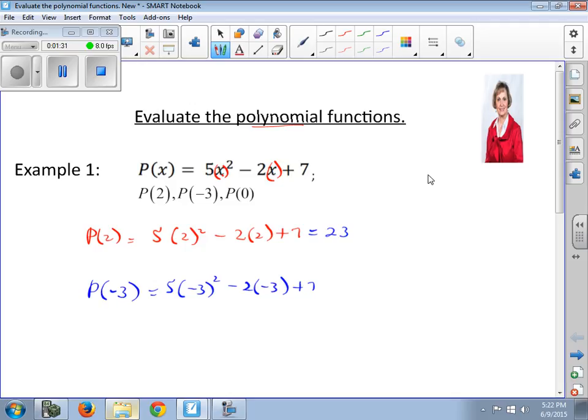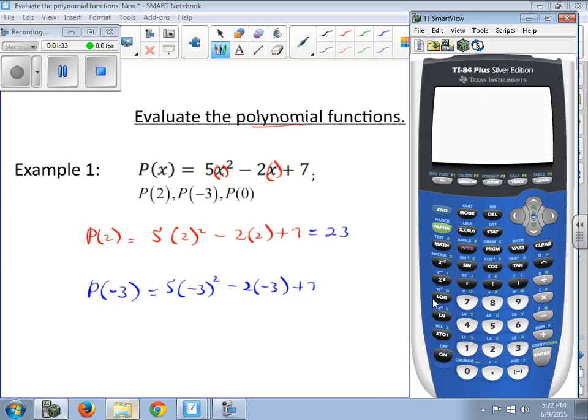So I'll put this in the calculator. 5 times negative 3 squared minus 2 times parenthesis negative 3 plus 7. And this one will give me 58.